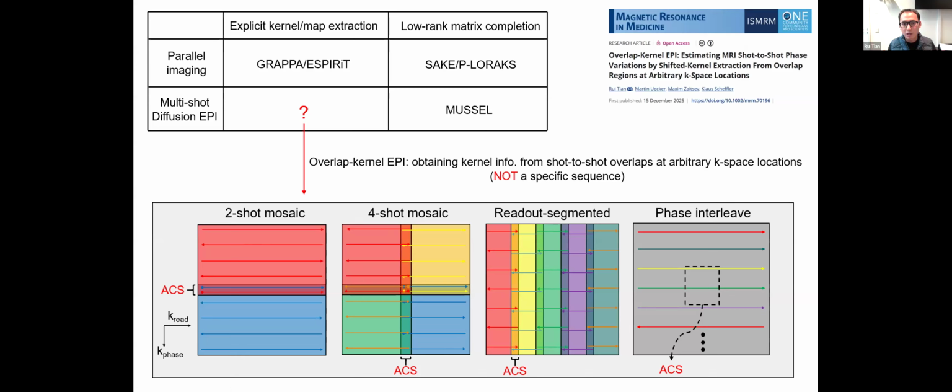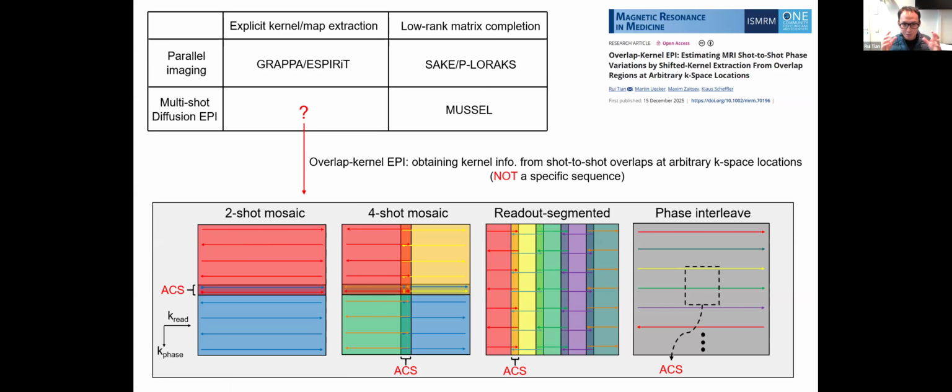It's very low quality, but you can still have a rough estimation of the spatially varying phase. Then in the original MUSE, people use a total variation operation, like a filter, to extract this image space phase variation. So our method differs from the conventional MUSE in these post-processing steps.